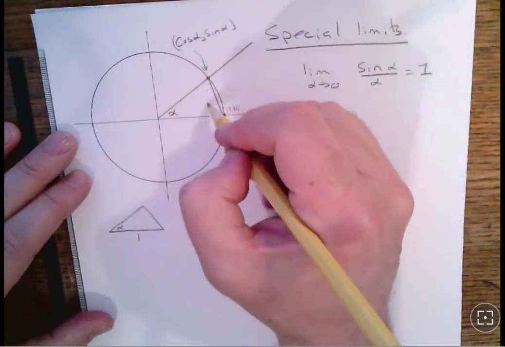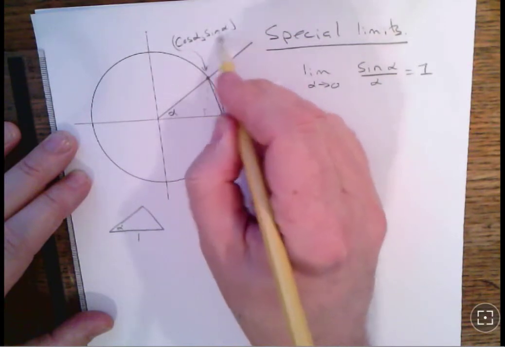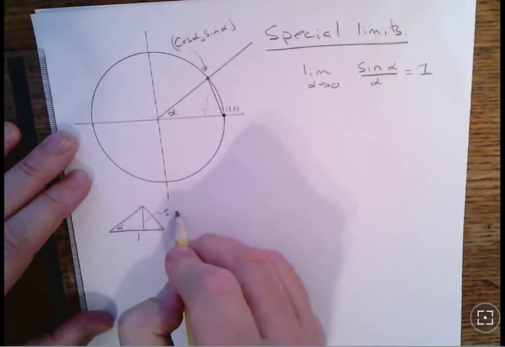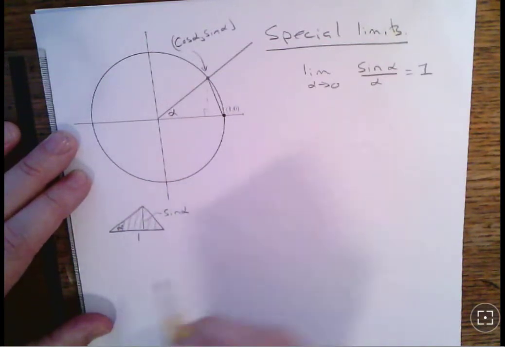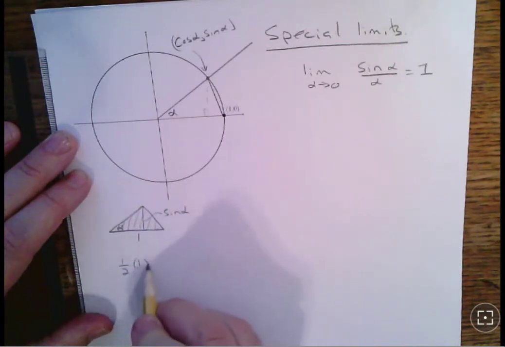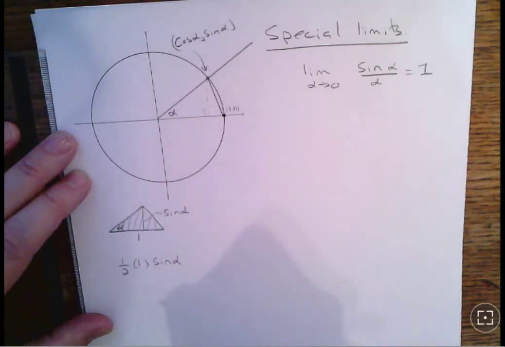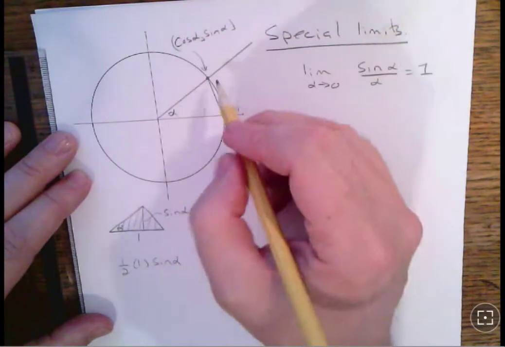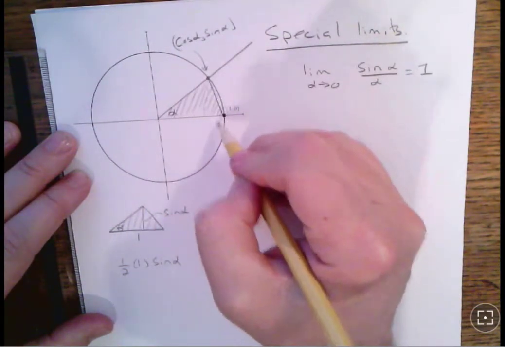And the height of that triangle is going to be the y coordinate that is right here. So the height would end up being the sine of alpha, which means that the area of this triangle would end up being 1/2 the base, which is 1, multiplied by the height, which is the sine of alpha.